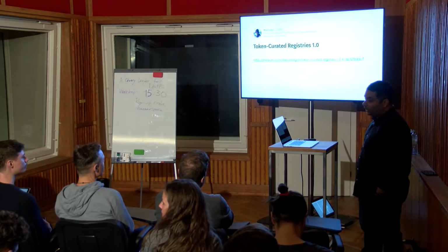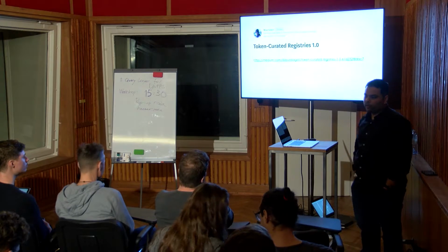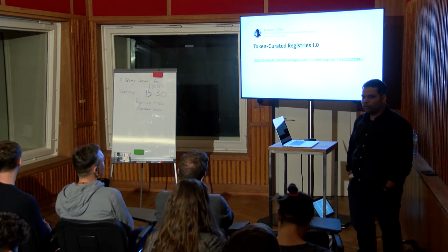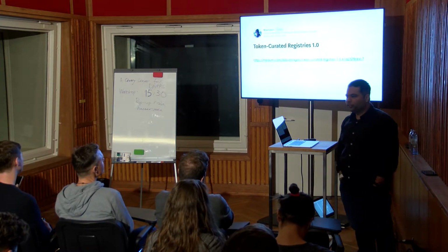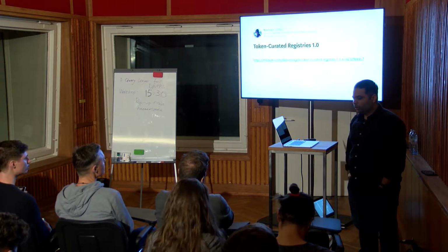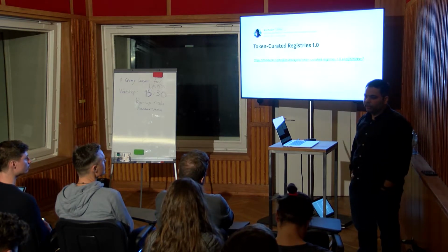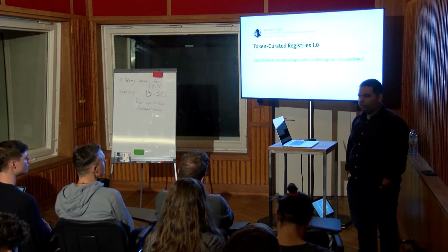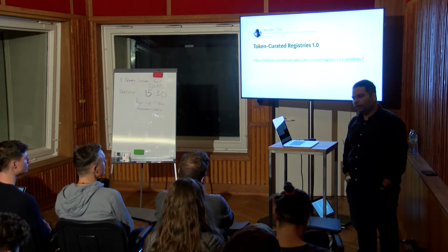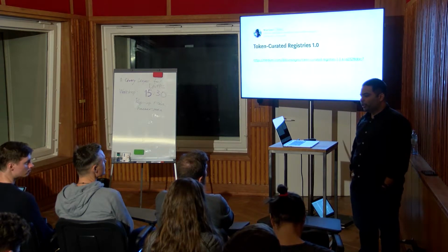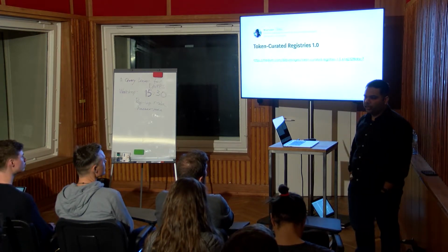idea of token curated registry, at least the idea that I'm aware of currently, is from last year when Mike Golden published this blog post called Token Curated Registries 1.0, and this came out September last year. And then after that, there have been a lot of other frameworks which are built on top of them. One of them is Stake Machines, which I co-did with one of my colleagues, Dimi. And then there are others as well, like layered TCRs, graded TCRs and stuff.